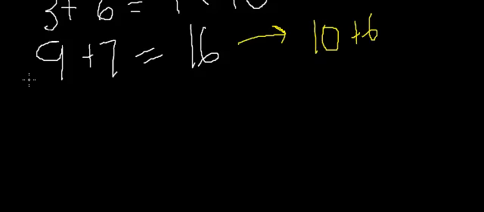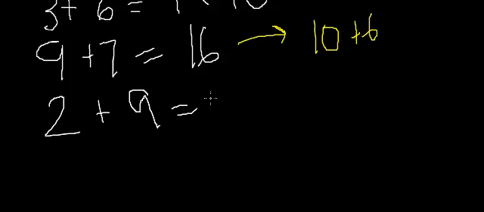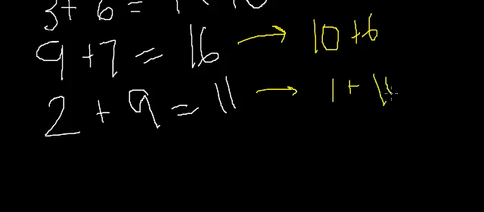So let's just go into the final column and finish this question. So 1 plus 1 is equal to 2, so 2 plus 9 is equal to 11, which is basically 1 plus 10.